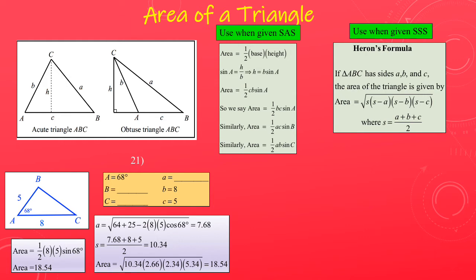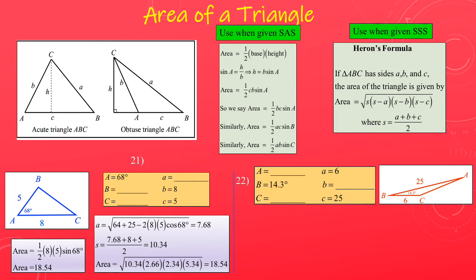So the area is equal to the square root of 10.34 times 10.34 minus 7.68, which is 2.66, times 10.34 minus 8, which is 2.34, times 10.34 minus 5, which is 5.34. And we get the same answer, 18.54. It is clear that the first formula is far easier.